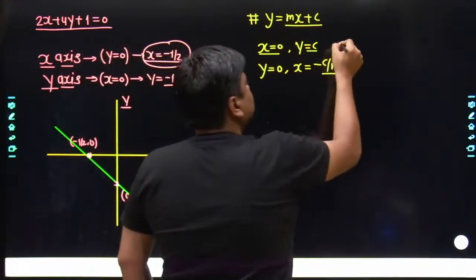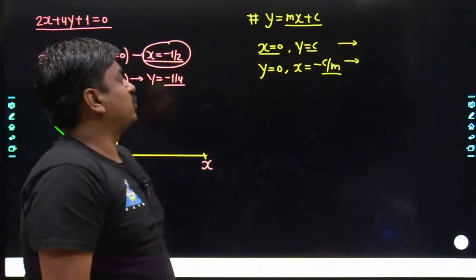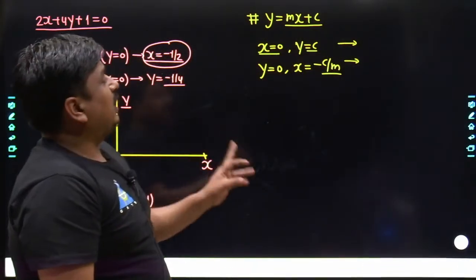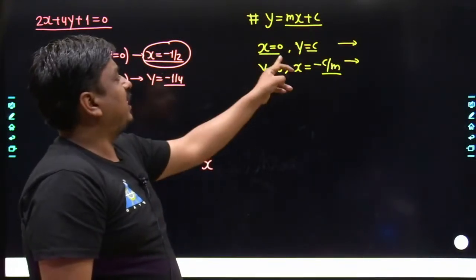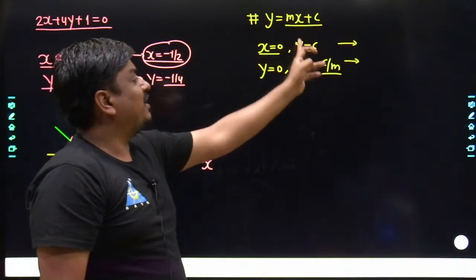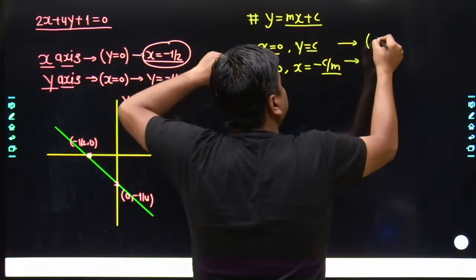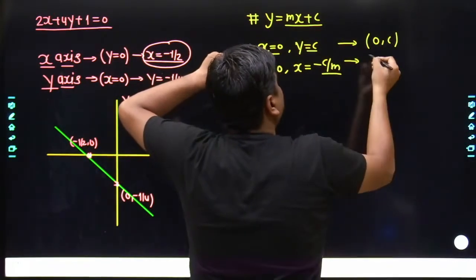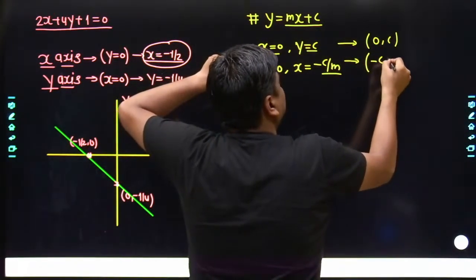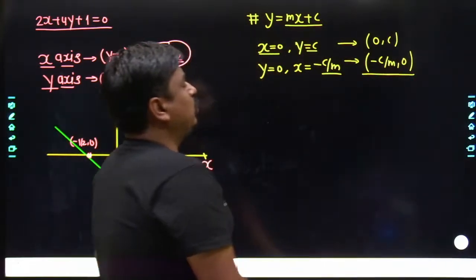So in future, if the straight line has been given in the form of y is equals to mx plus c, it is going to cross the y-axis at y is equals to c, and similarly it's going to cross the x-axis at minus c divided by m. So the intersection points are 0 comma c on the y-axis, and minus c by m comma 0 on the x-axis.